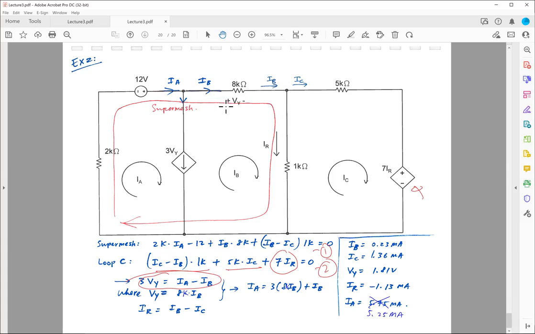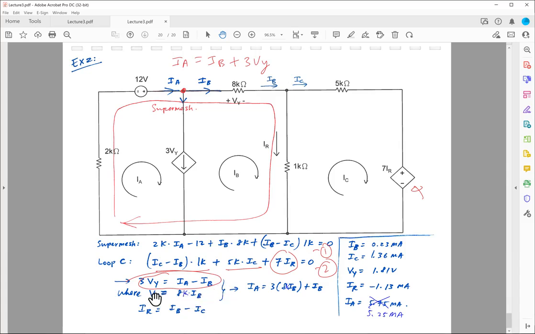If you don't see this immediately, you can also do it this way: the current going into this node is equal to the current leaving the node. Based on this, you can figure out what 3 Vy is. So 3 Vy is IA minus IB. Move IB to the other side, and you get this.